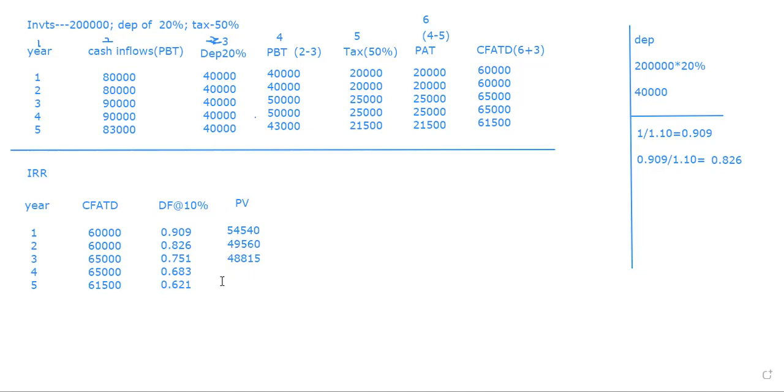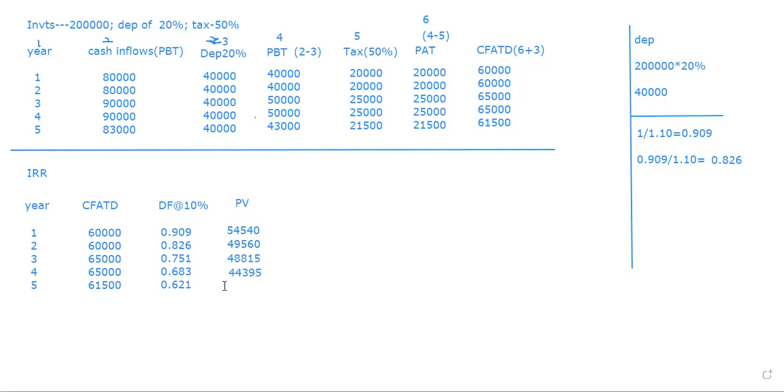And then I'm going to use one more, that is 65 into 0.683. When I multiply it, I get the answer as 44,395. So the next answer is 44,395.